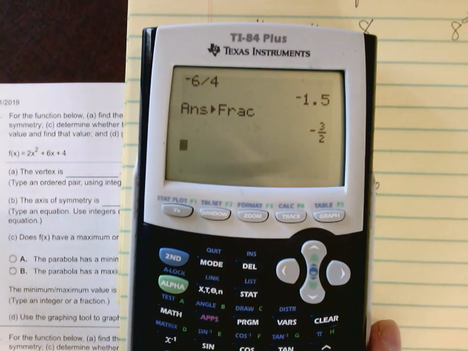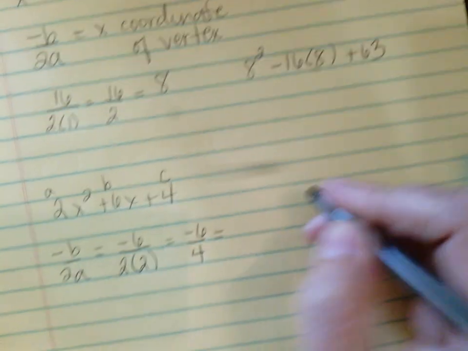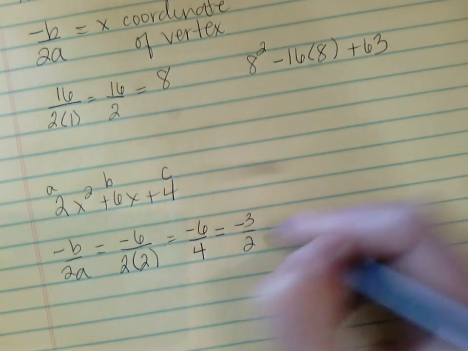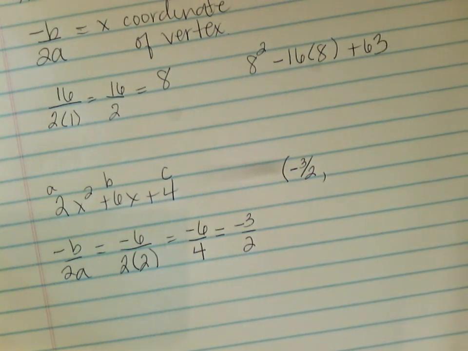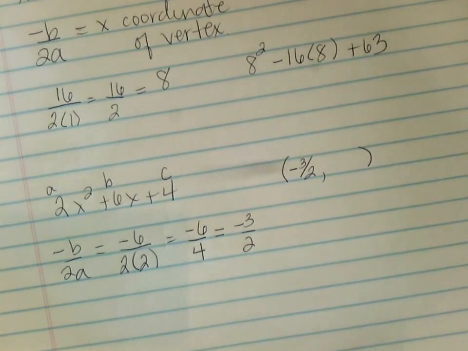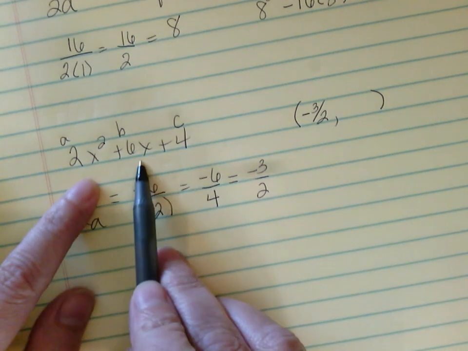So here is our x-coordinate of the vertex. That's what we just found. Negative 3 over 2 is going to be the x-coordinate of the vertex. Now remember what we need to do is plug in this negative 3 over 2 for these x's.